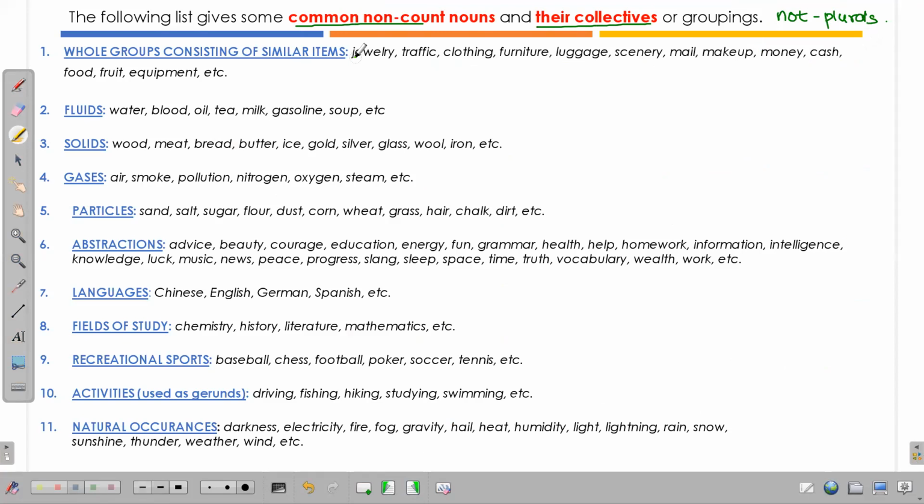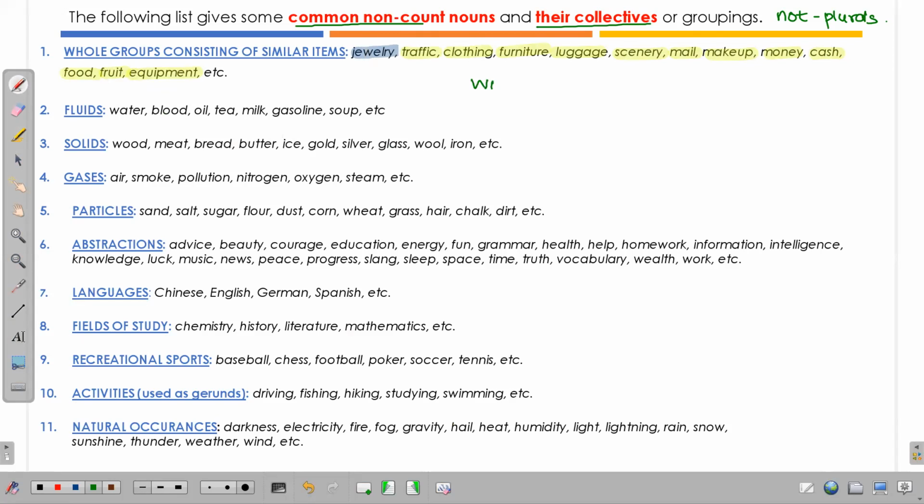So please remember, this is a list to be remembered, and therefore I've shared it with you: jewelry, you'll have no jewelries, traffics, clothings, furnitures, luggages, sceneries, mails, makeups, monies, cashes, foods, fruits, equipments, that doesn't exist. Okay, so as a noun they don't exist.